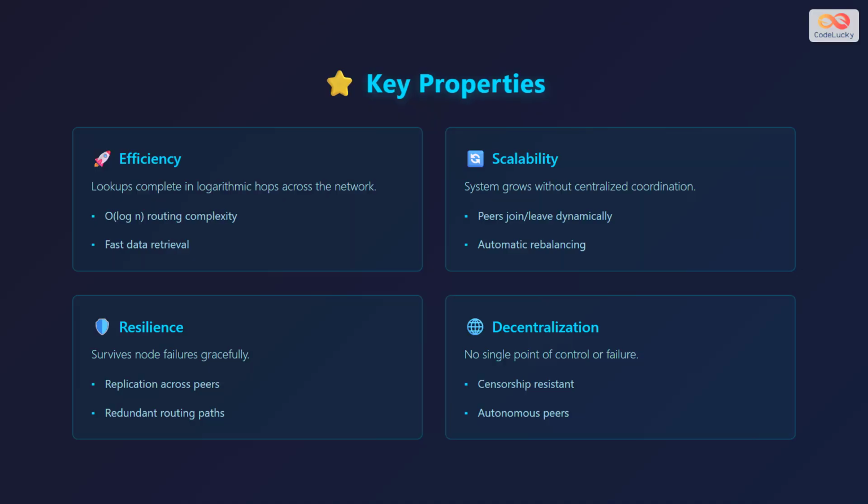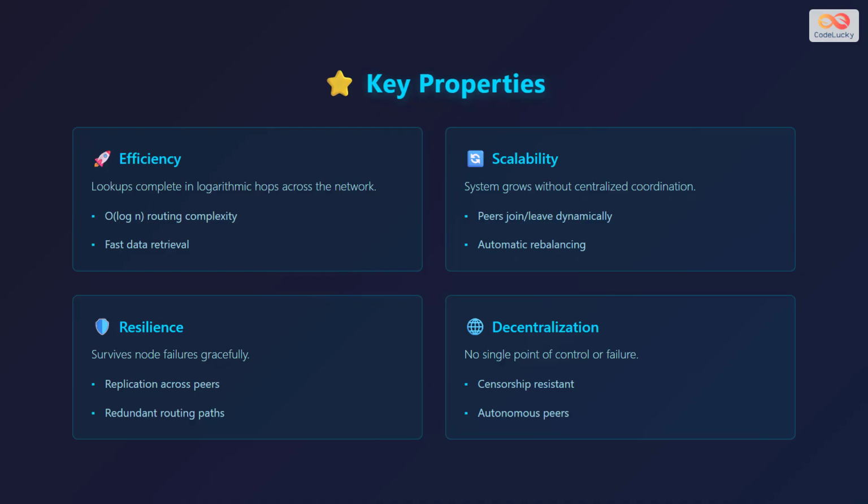Distributed hash tables provide four essential properties. Efficiency. Lookups complete in logarithmic hops across the network, meaning it takes log of n routing steps, making it very fast even with millions of peers. Scalability. The system grows without needing centralized coordination. New peers can join and leave dynamically, and the network automatically rebalances itself.